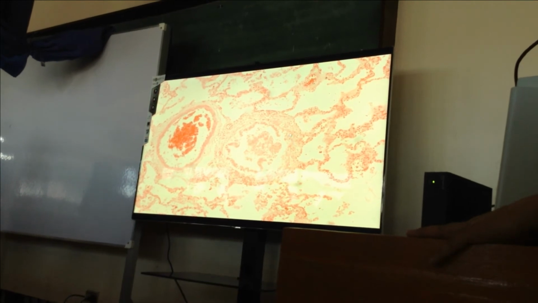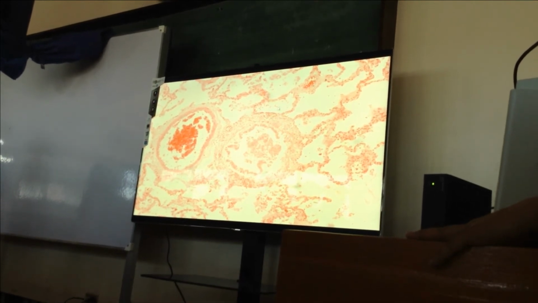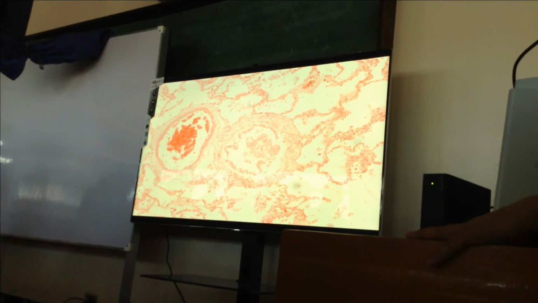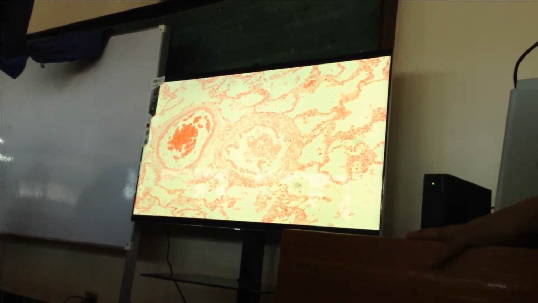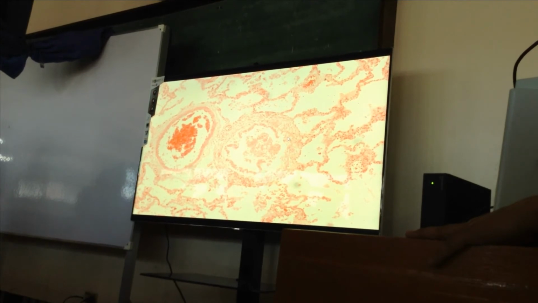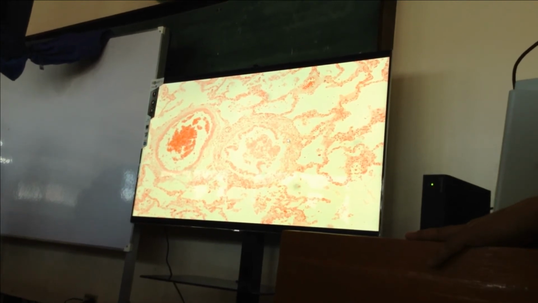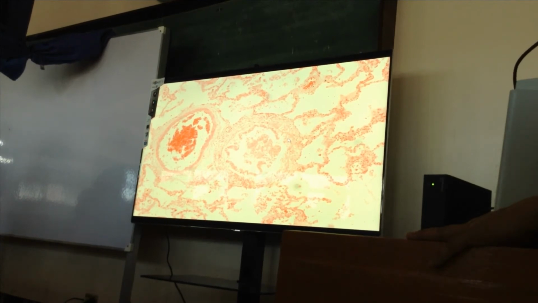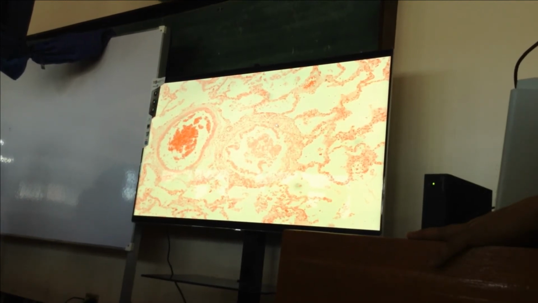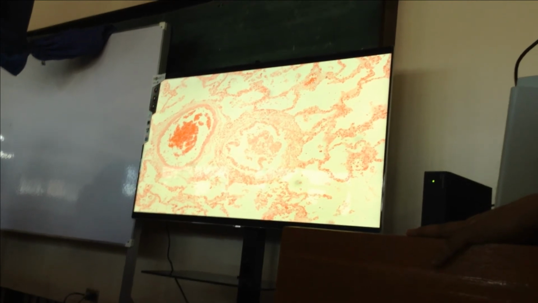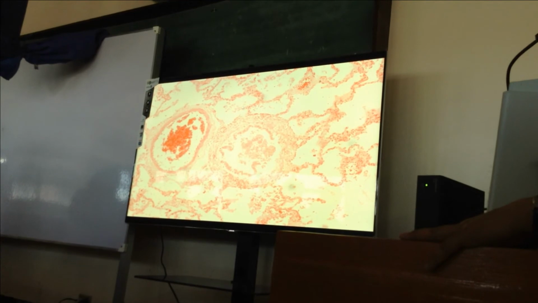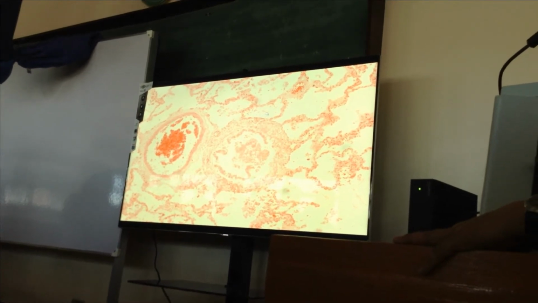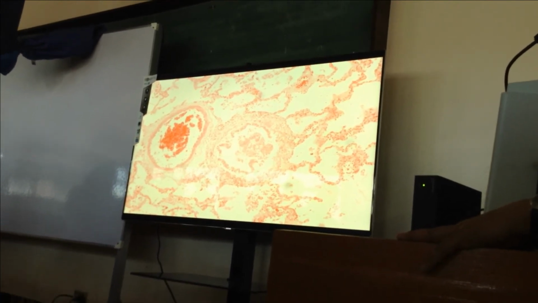Now, unfortunately for this lung, some of the alveolar spaces immediately surrounding the inflamed bronchiole are also infiltrated by neutrophils, so that you have neutrophilic infiltration in the bronchus and in the alveolar spaces immediately surrounding the inflamed bronchus.